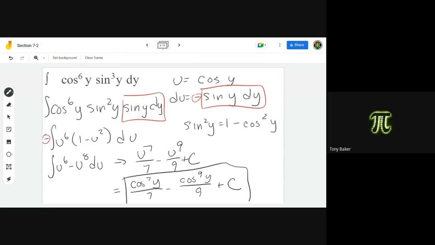Yes. Oh, you're right. I did forget the negative sign. Good catch. So technically my sign switch.